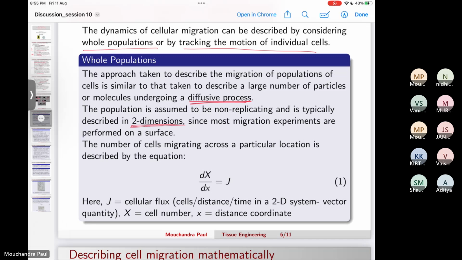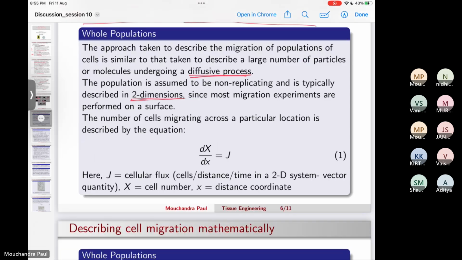So the number of cells that is migrating across a particular location is described by this equation. Here capital X is the cell number and small x is the distance coordinate. So this differential equation is equal to the cellular flux. Flux is a quantity that helps us. You have studied magnetic flux and electric flux.